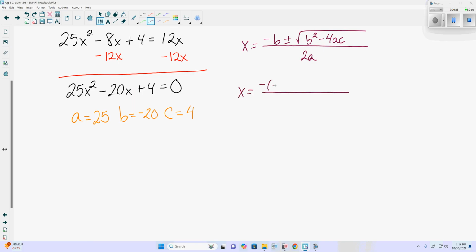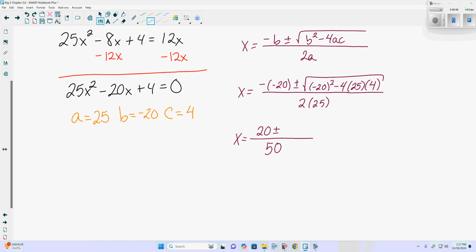So our value B is negative 20. Plus or minus the square root of negative 20 squared minus 4 times our A value, which is 25, times 4, all over 2 times A, 2 times 25. Well, negative negative 20 is 20. 2 times 25 is 50.